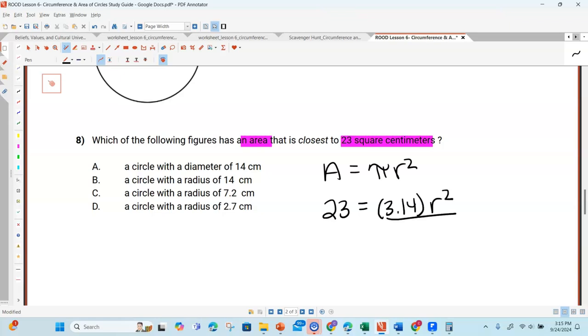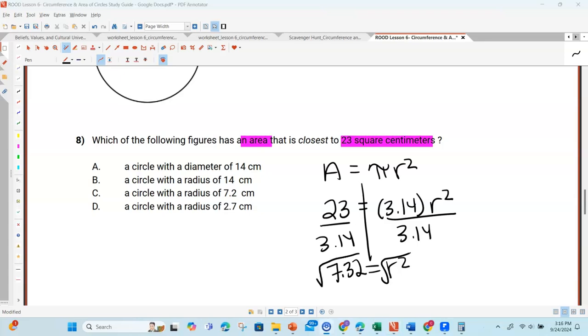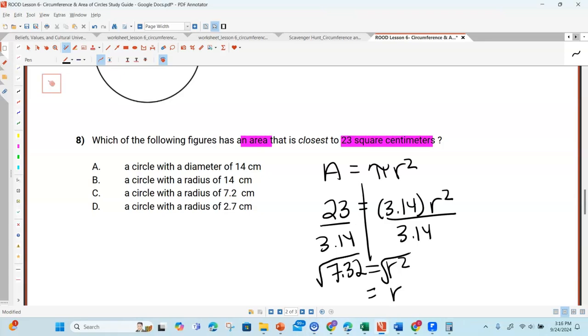So we're going to divide both sides by 3.14. What we do on one side, we do on the other, equals r squared. We get around 7.32. And since we want the square root, we're going to take the square root on both sides. R equals 2.7. That's how we could solve for it.